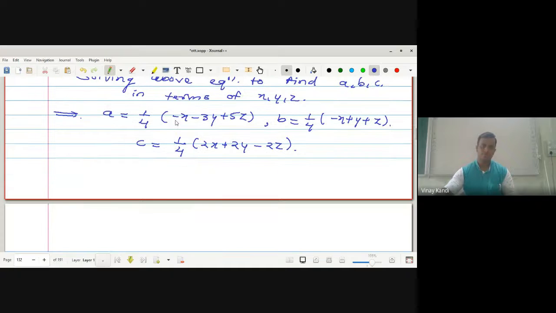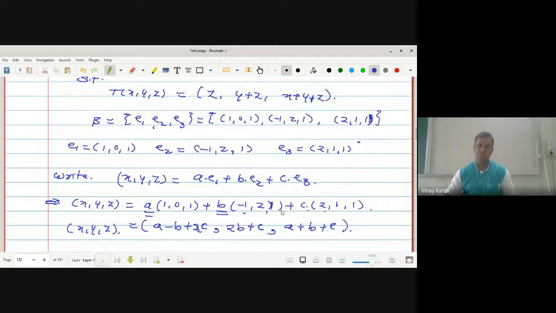Okay, so we get the value of a, b, c. So hence now, putting this a, b, c in this equation, give it as equation number 1.